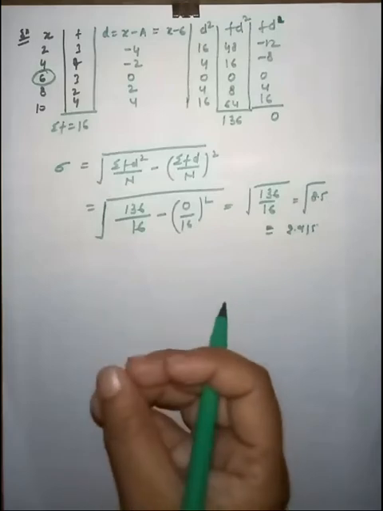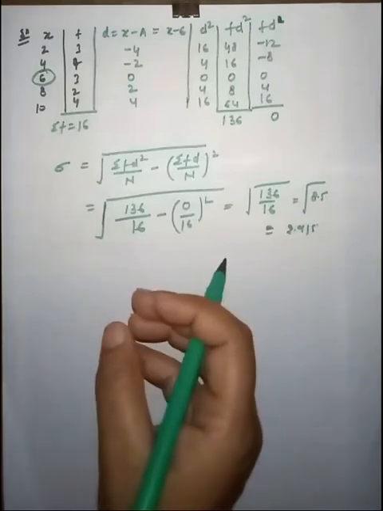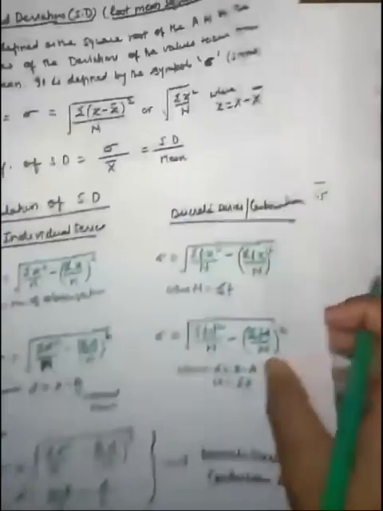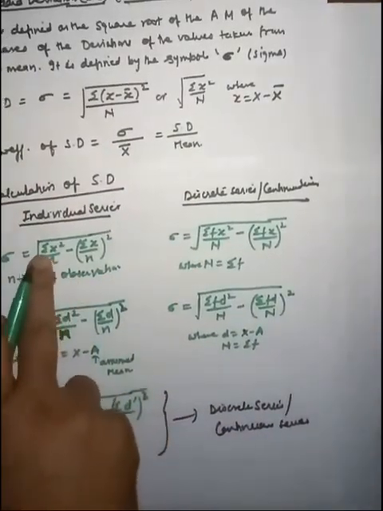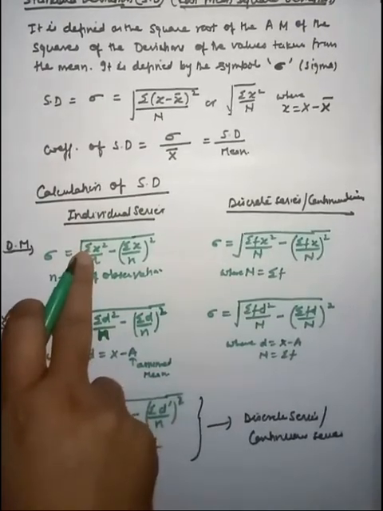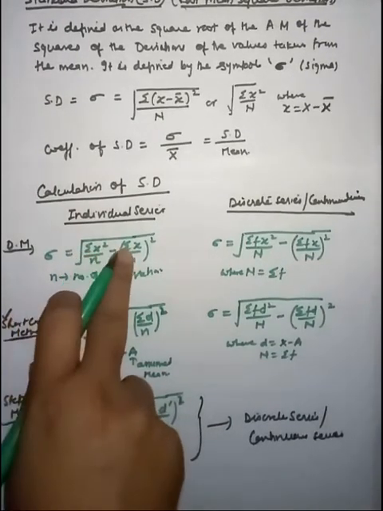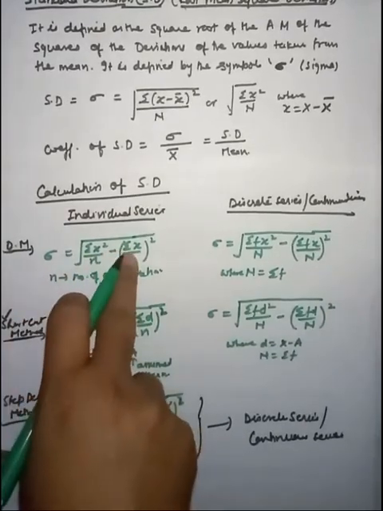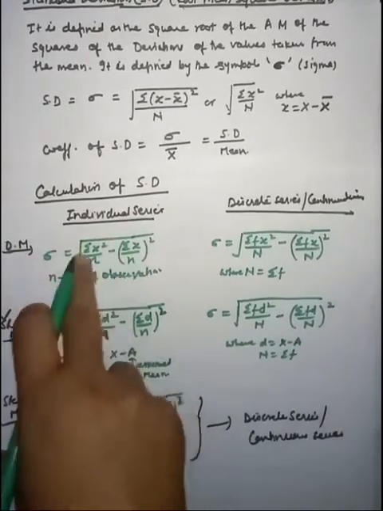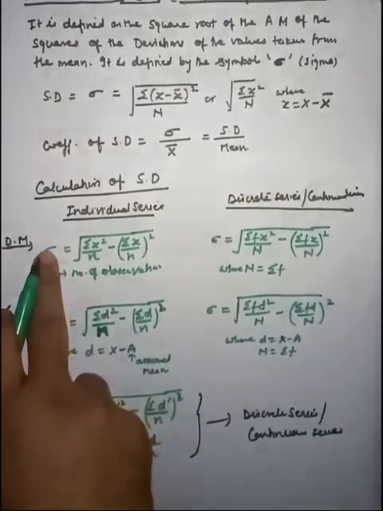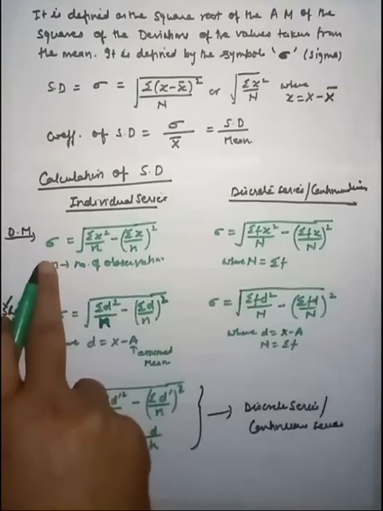Similarly, if given an individual series, use this formula and find the summation of x square. Make the table and find the summation of x square and the summation of x, and put the values in the formula. You can find the sigma, which means standard deviation.